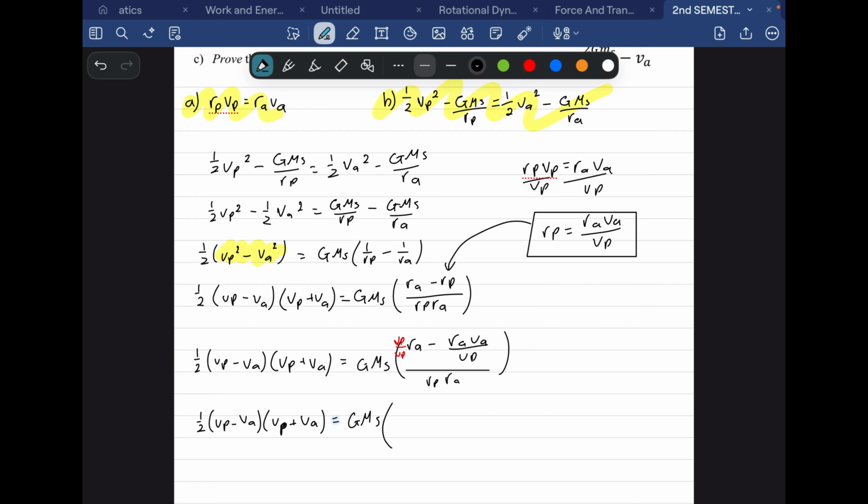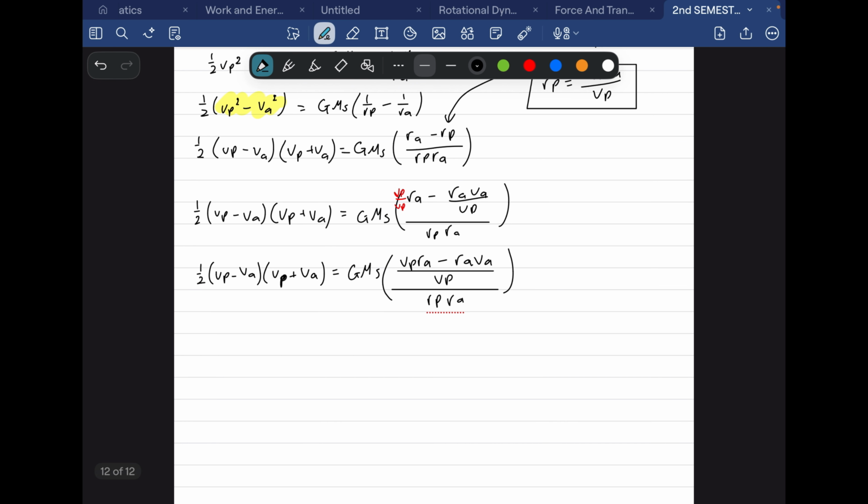So you have VP RA minus RA VA, all over VP. Then that divided by RP RA, right? R perigee R apogee. So now from what we found, you can factor out a common term. So you can factor out R apogee.